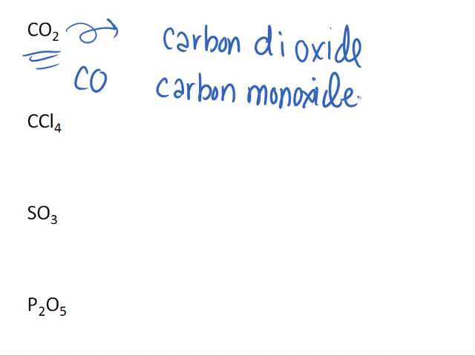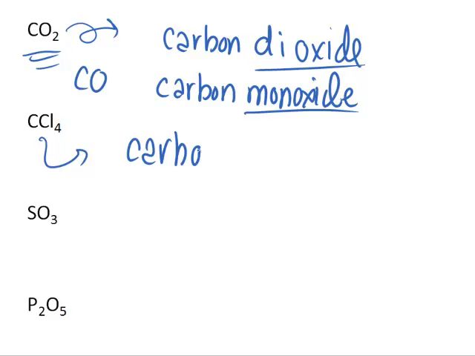And so these 2 names indicate how many oxygens are in that molecule. Okay, so here's another molecule, CCl4. Again, carbon is just 1, so we're going to go carbon, and there are 4 chlorine atoms, and so the prefix for 4 is tetra, so carbon tetrachloride.